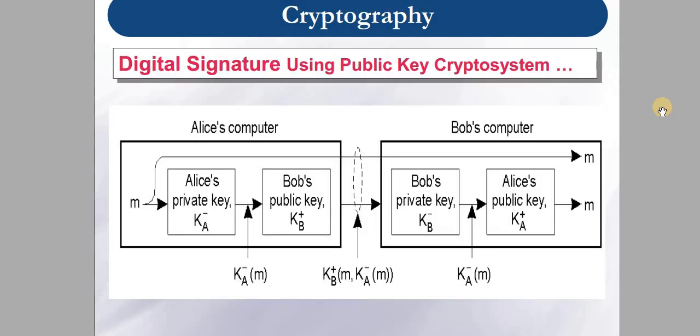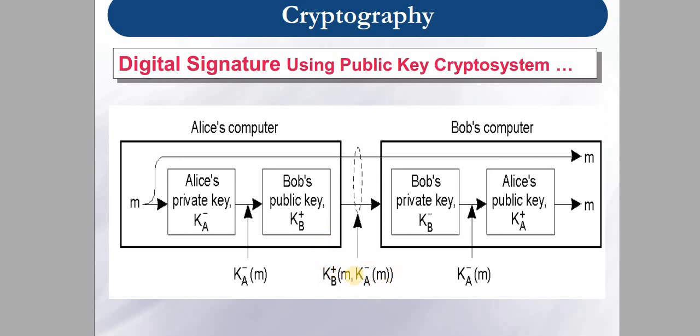To see how digital signature using public key crypto system works, let's consider this diagram. Let's say this is Alice's computer and this is Bob's computer. Now, as we have said, Alice uses her private key in order to produce the signature of the message M. If she wants to encrypt the message content, she uses Bob's public key, which is the encryption of the message M and the signature using Bob's public key.